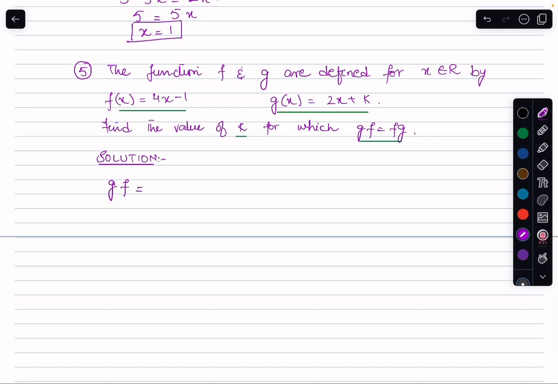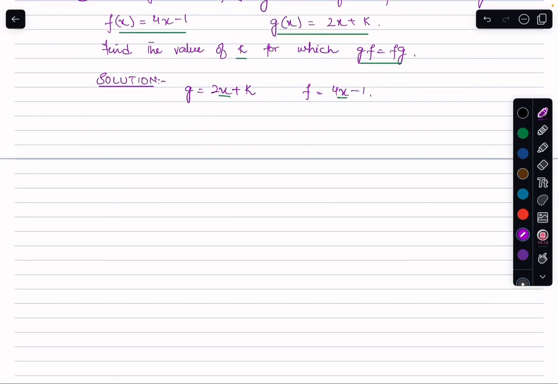If g is equal to 2x plus k and f is equal to 4x minus 1, then to get the solution for gf, I will just be substituting in place of x the function f, which is 4x minus 1, and then plus k.